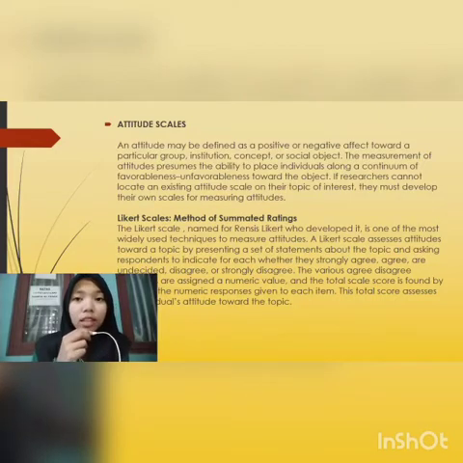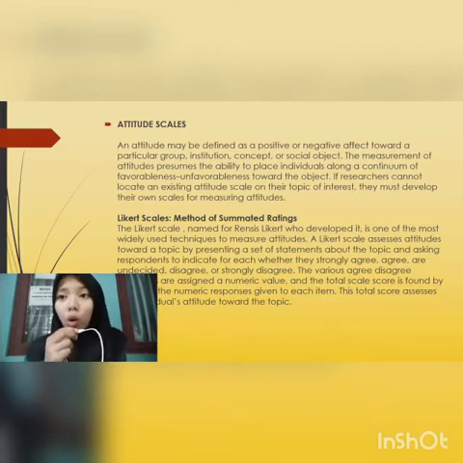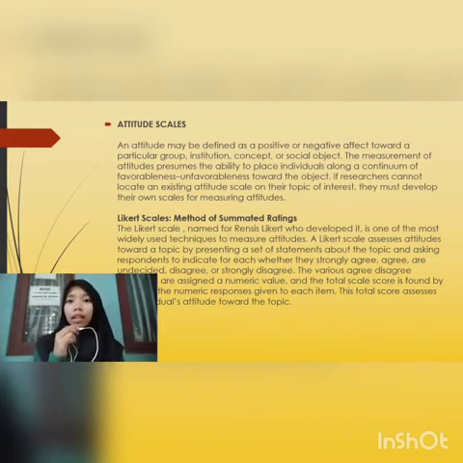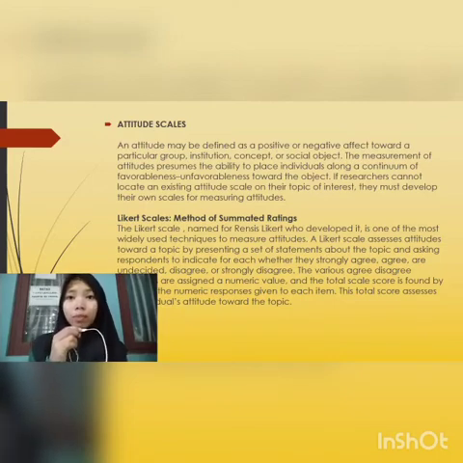Hello everyone, here I want to continue this explanation, and my material is attitude scales. An attitude may be defined as a positive or negative effect toward a particular group, institution, concept, or social object.